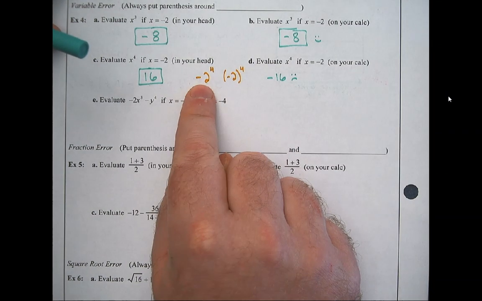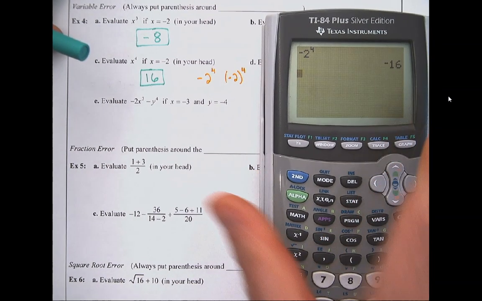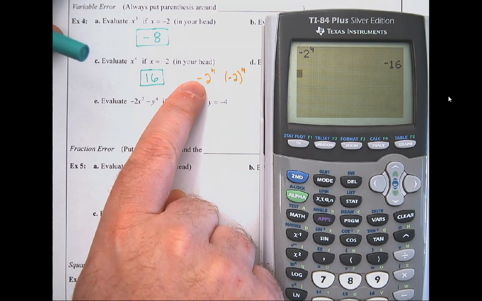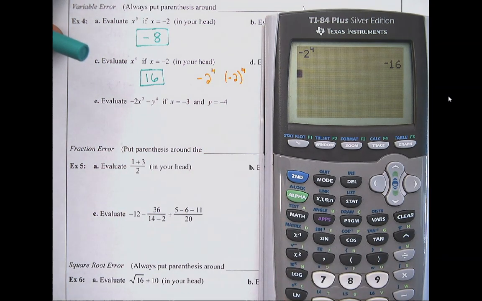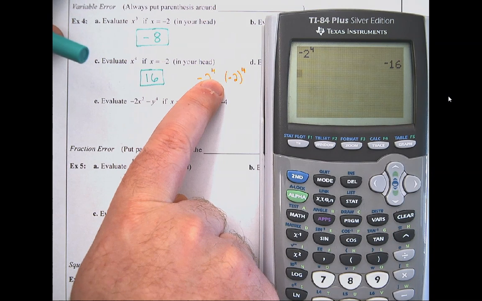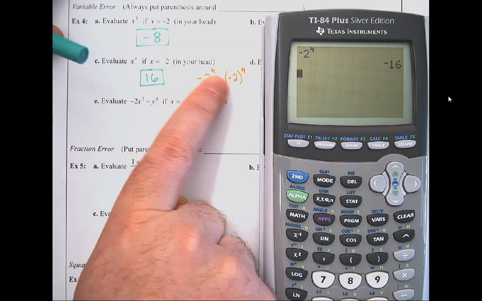According to the order of operations, which is exactly what your calc will do, what's the toughest thing here? The negative is connected by multiplication, and the 4 is connected by exponents. So exponents is stronger. Your calc does 2 to the fourth, gets 16, and then attaches the negative and makes it -16.